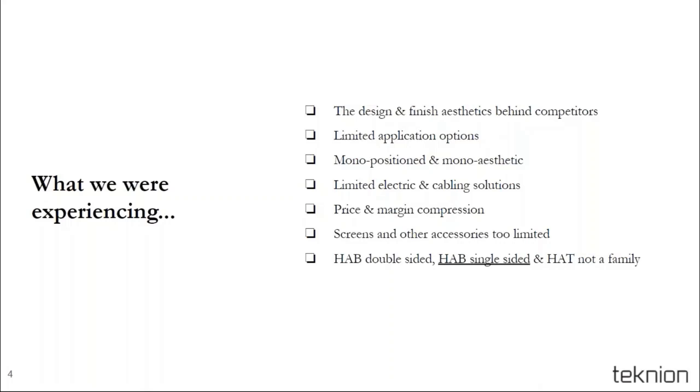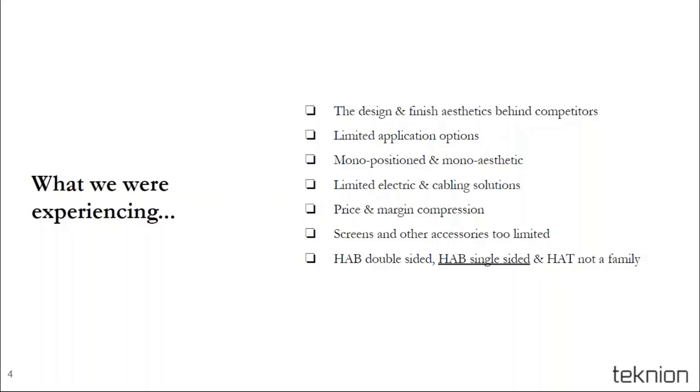First version hiSpace was really designed around double-sided product, and HAT and HAB single-sided were really an afterthought. So we experienced lots of issues trying to make HAB single-sided work when customers asked for that. Of course, on a given floor plate, up to 20% of the workstations are single-sided.